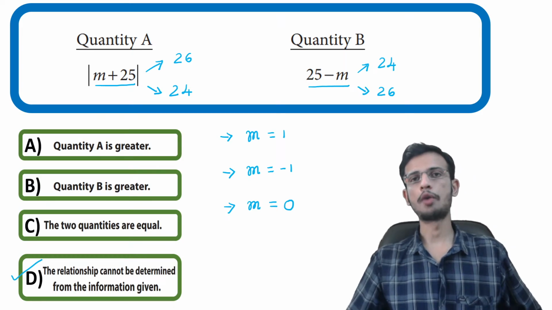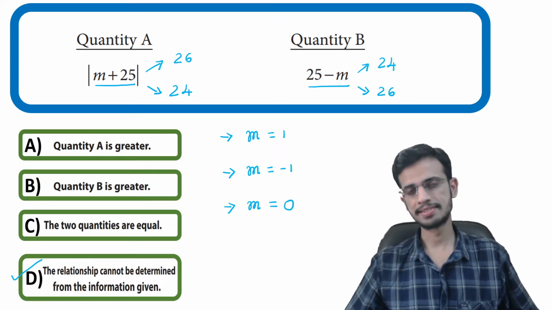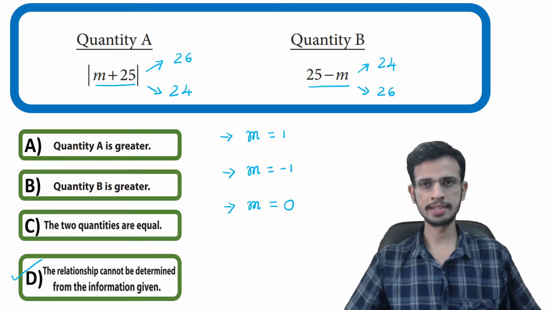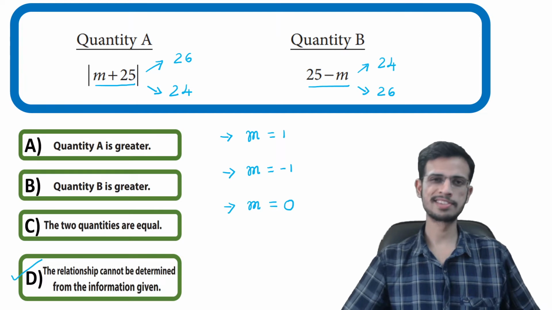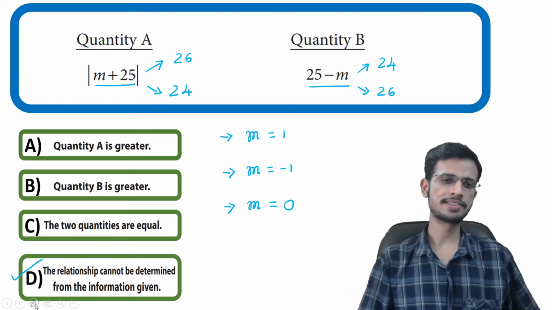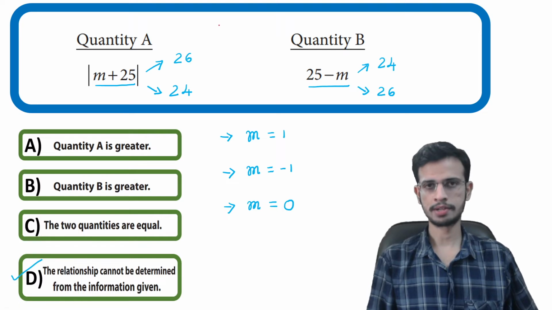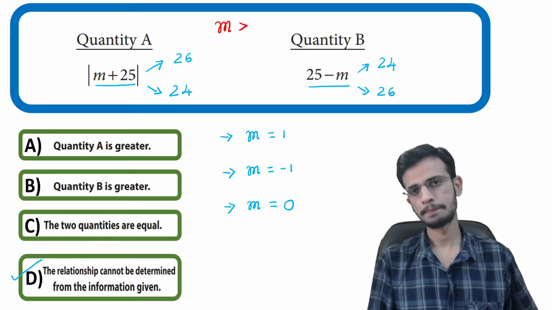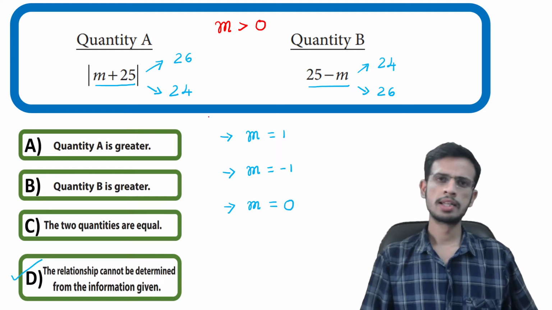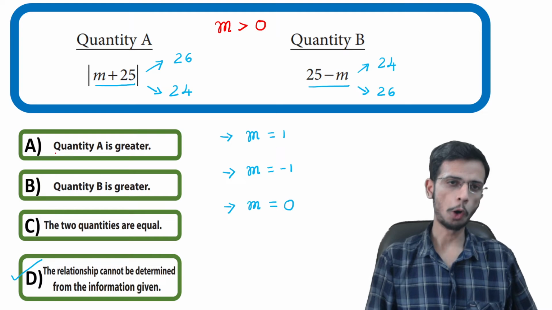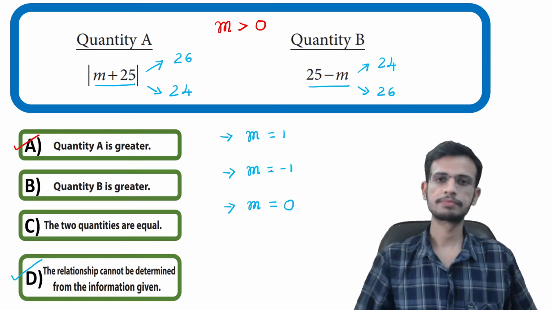Depending on the value of m, your answer will change. As I told earlier, tricky questions will be there. You have to think carefully and consider all the possible cases. Sometimes they will mention m greater than 0. In this question, if they had mentioned m greater than 0, then definitely we could say option A will be correct.